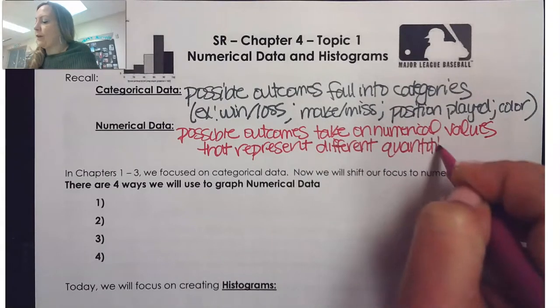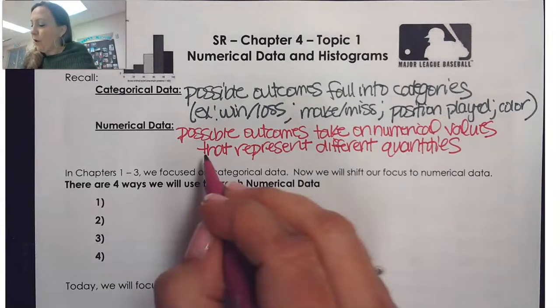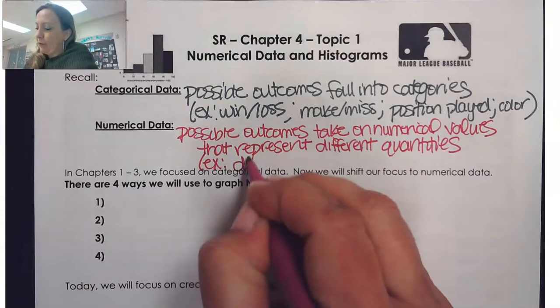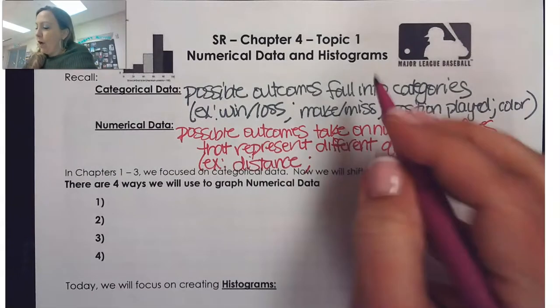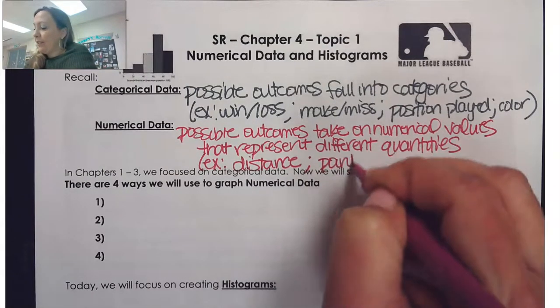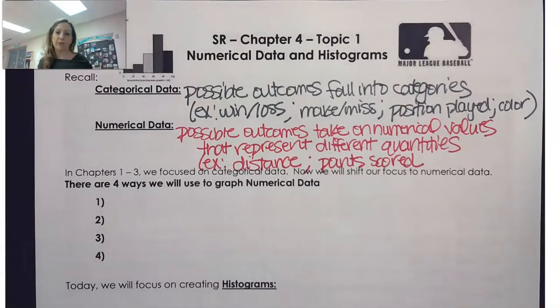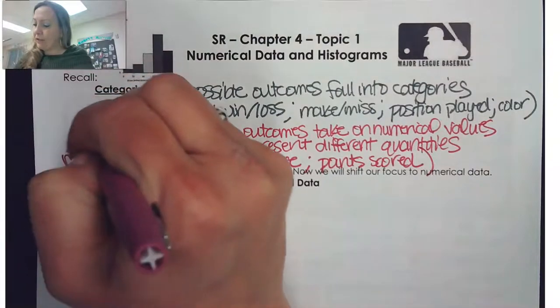And so we said that numerical data was something that could be measured. So even though area code is a number, it's not a numerical variable because it describes where you're calling. But something like distance would be a numerical variable because you are measuring. Also, something like the number of points scored could be numerical because you are measuring how many points were scored in a specific game or by a specific person, etc. So remember, numerical data is something that can be measured.